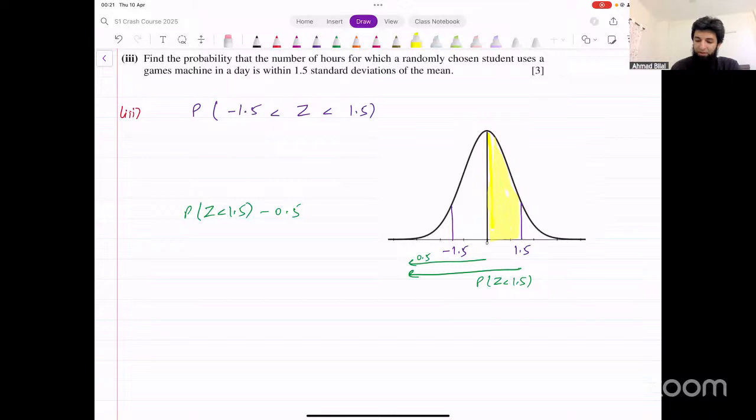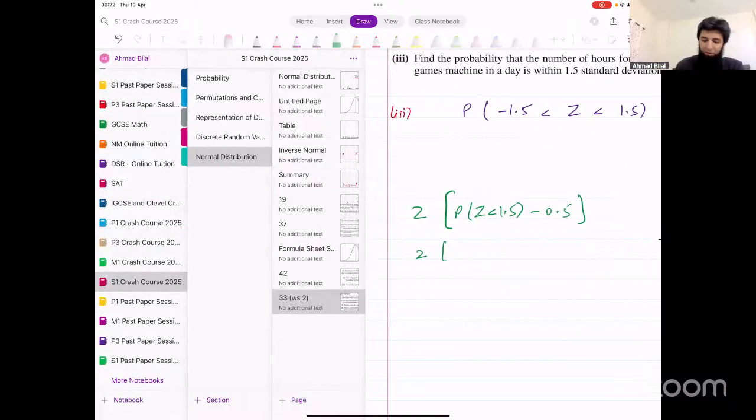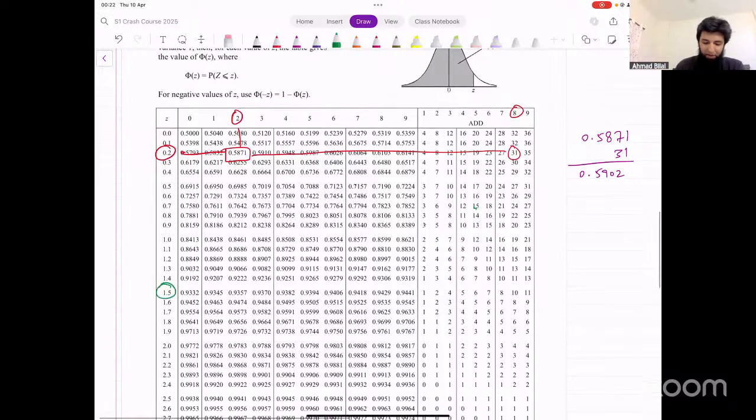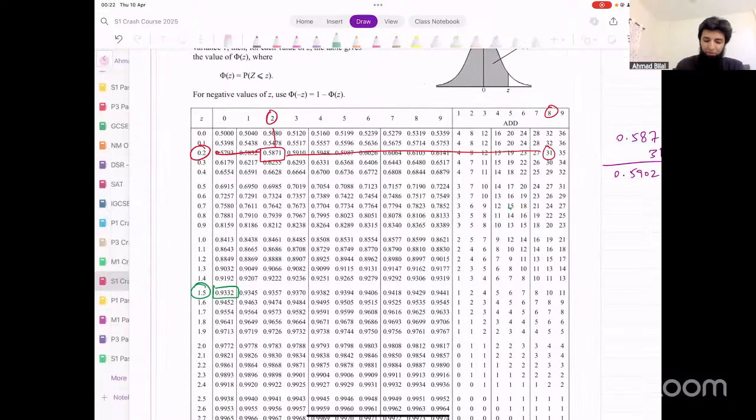How do you find this area? I'm saying, let's find the area to the left of 1.5, subtract from that 0.5, and you would get that area. Then you just multiply that whole number by 2. And that will give you that probability. Let's see what that turns out to be. Z less than 1.5. What's the probability for that? 1.5. This is 0.9332.